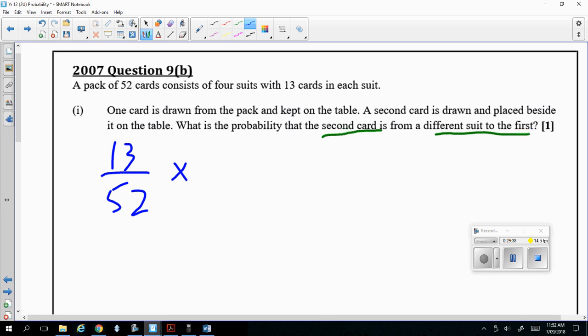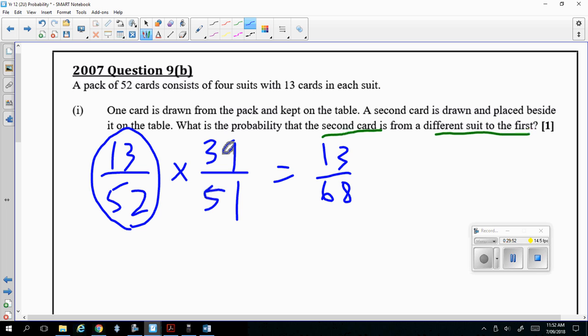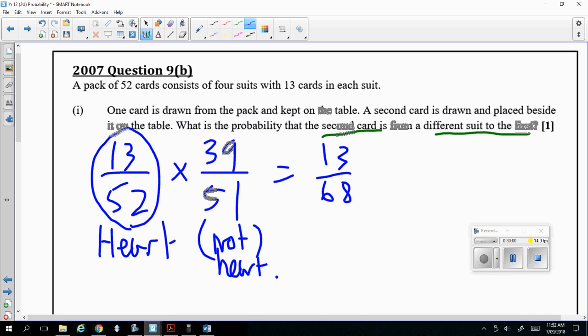Okay, but that's when you choose, maybe you chose heart, right? And this one could be any of these not heart. But are there any other possibilities? You can choose maybe spade first, and then not spade. Agree? So you have to look at other possibilities as well. So that's a good way of doing it. So what do you have to do?